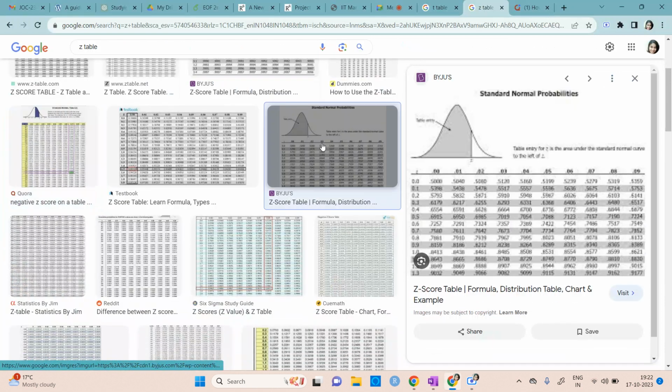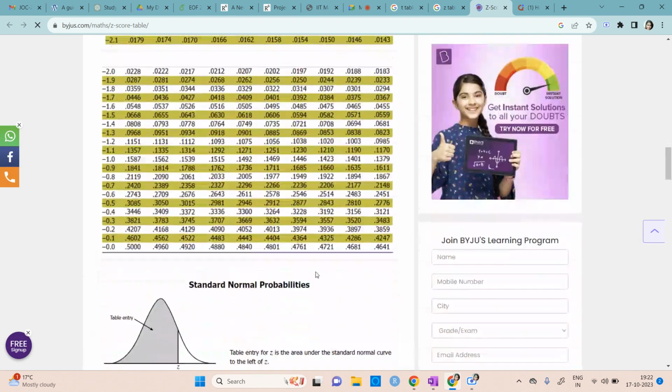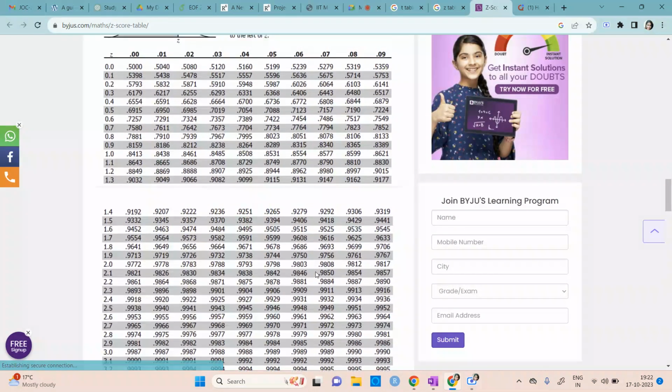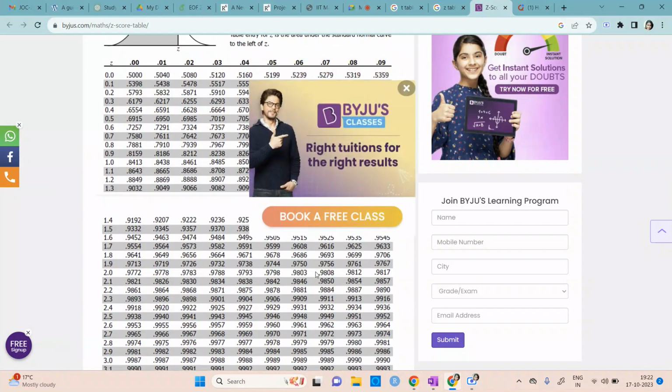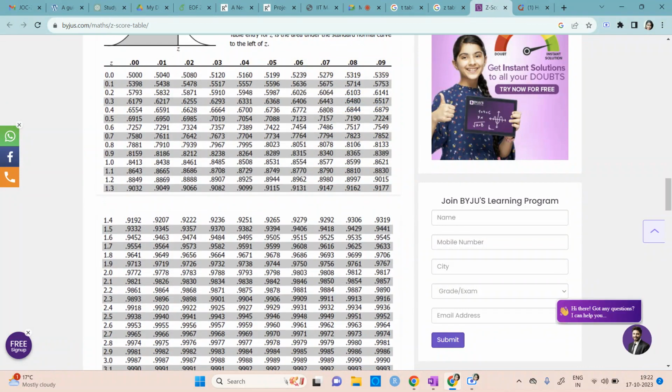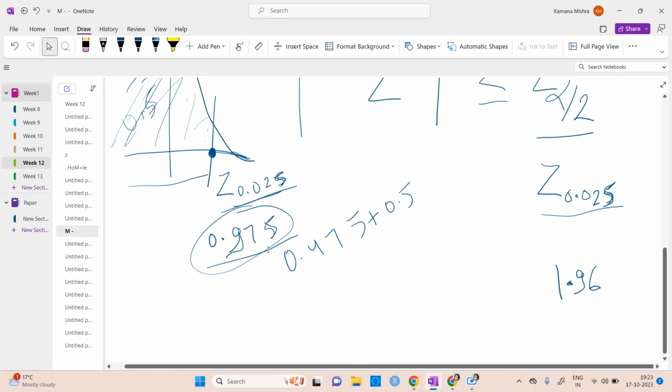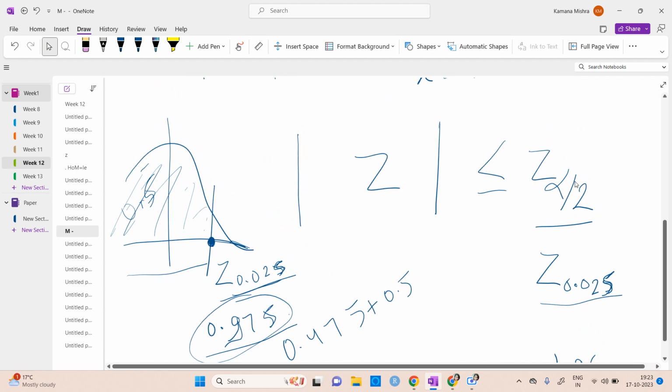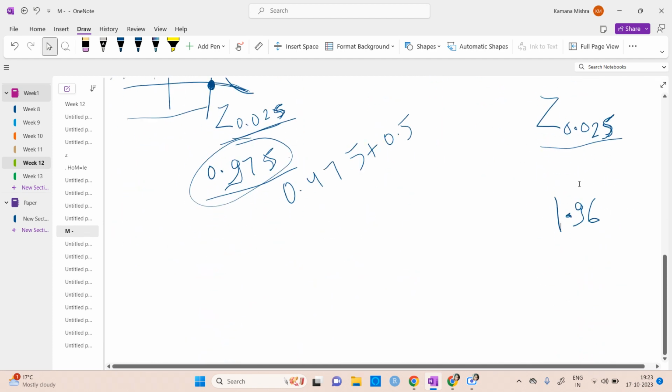Maybe the table is given like this. Like you can see in this table, it is given the whole table. At 1.96, you can see 0.975 is the value. So this would be our z alpha by 2.